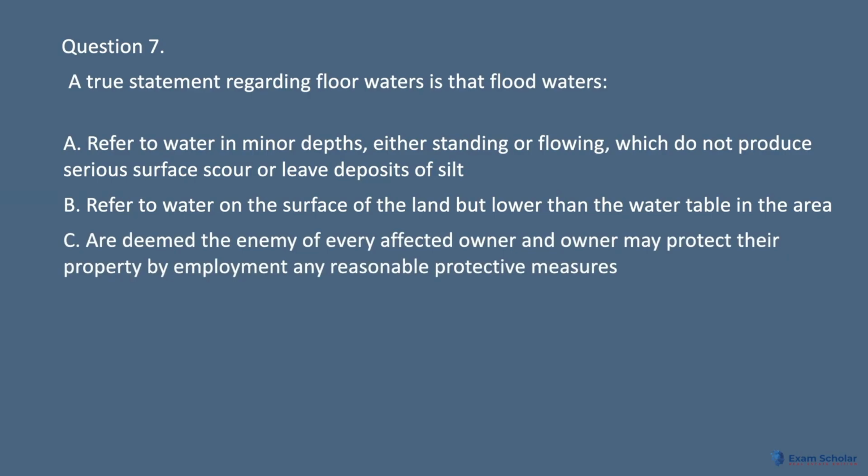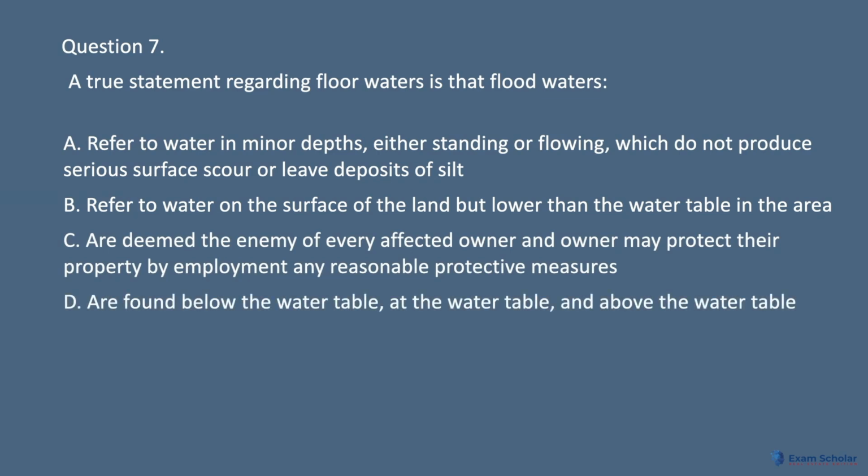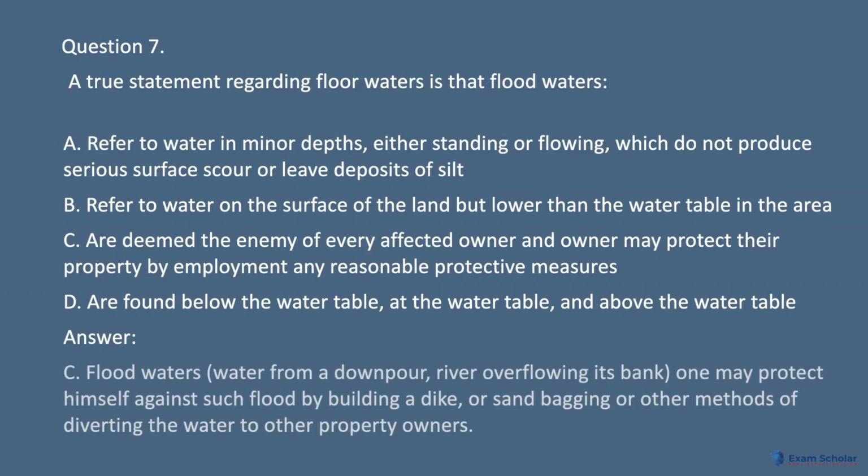C. are deemed the enemy of every affected owner, and owners may protect their property by employing any reasonable protective measures. D. Are found below the water table, at the water table, and above the water table. Answer: C. Flood waters, water from a downpour, river overflowing its bank. One may protect himself against such flood by building a dike, or sandbagging, or other methods of diverting the water to other property owners.